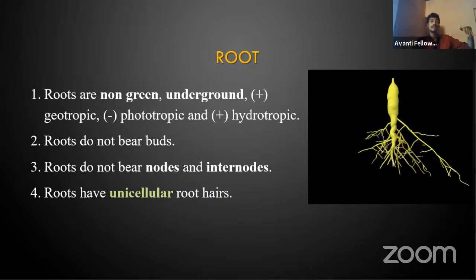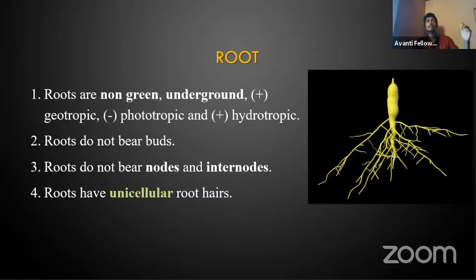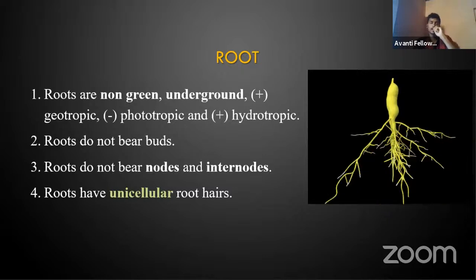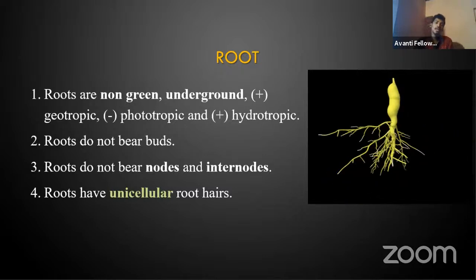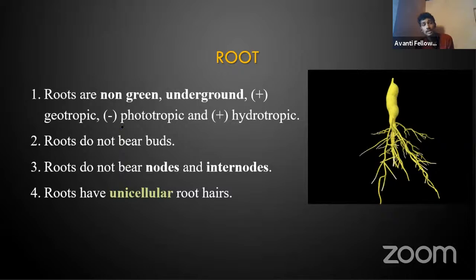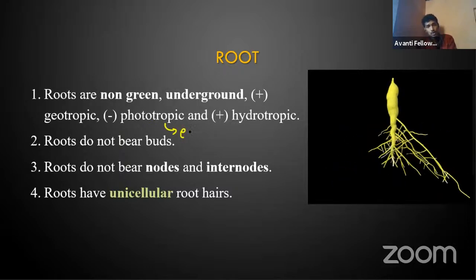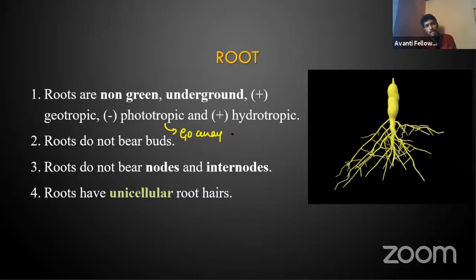That means if you plant it in any way, the plant will always grow its roots towards the soil, or towards the earth. They are negatively phototropic, which means they go away from the light.